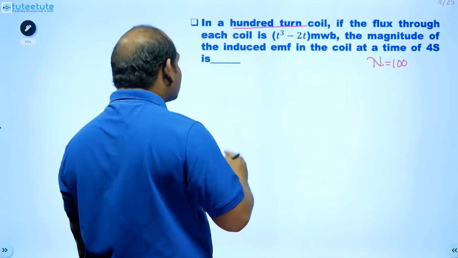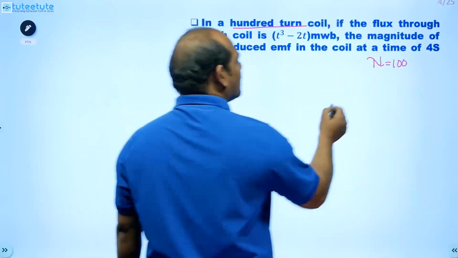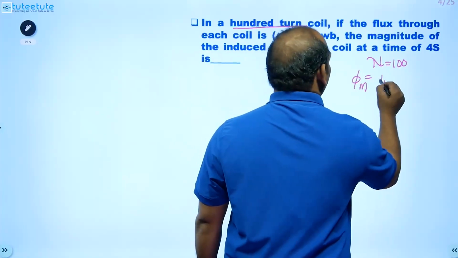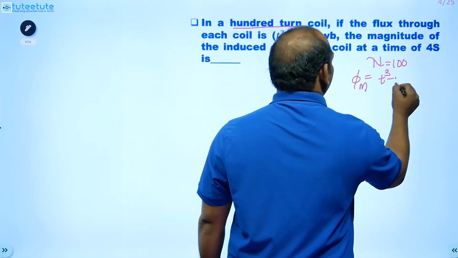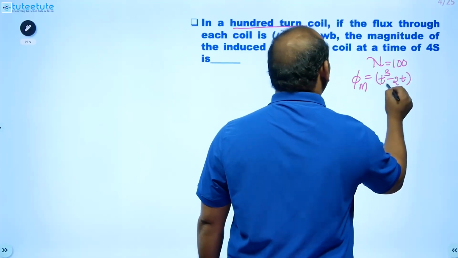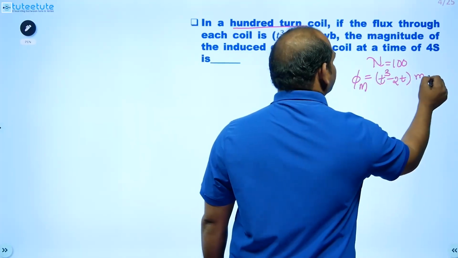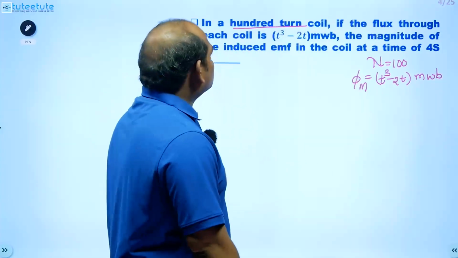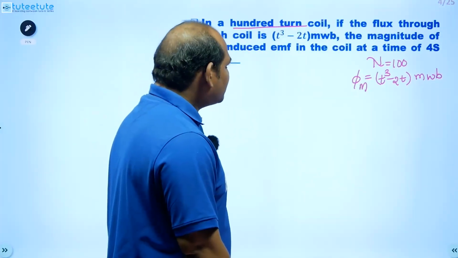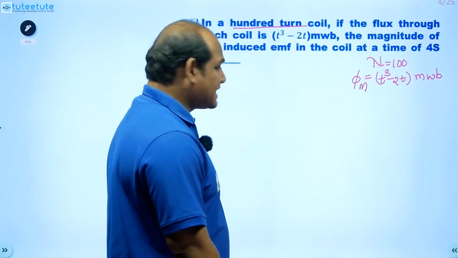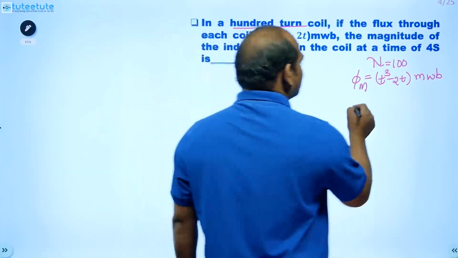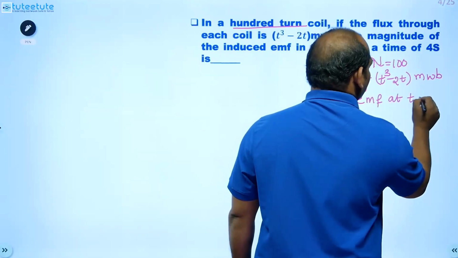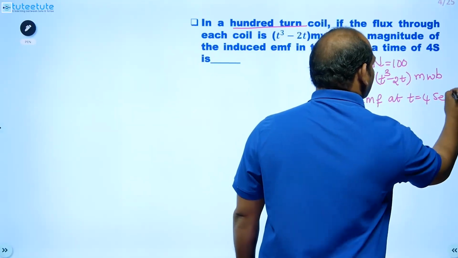If the flux through each coil is given by the magnetic flux phi m equal to t cube minus 2t, they have given it as a function of time, and flux is in Webers, so they have given it in milliwebers. The magnitude of the induced EMF in the coil at a time of 4 seconds is, so we have to calculate the induced EMF at t equal to 4 seconds.